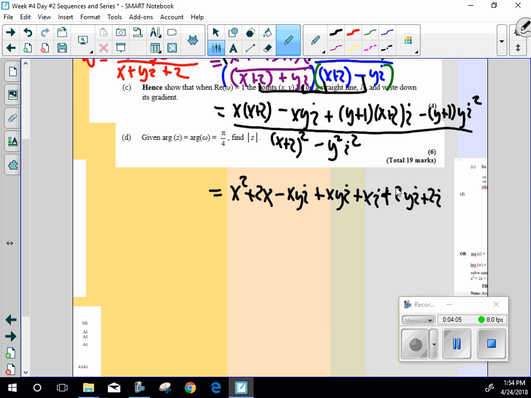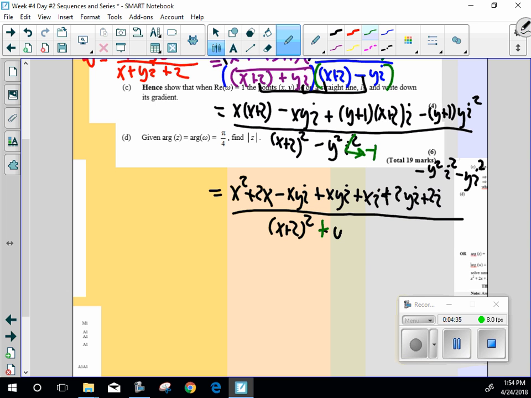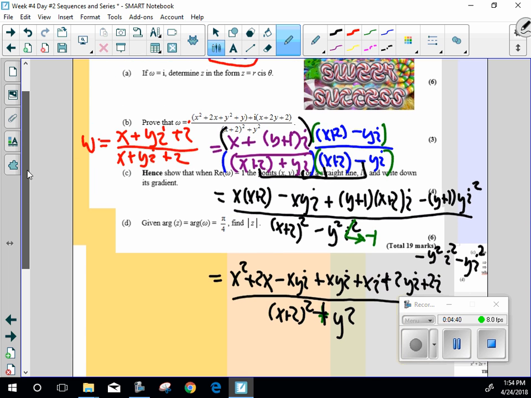And then you've got this at the end here, which is minus y squared i squared minus y i squared. All over (x plus 2) squared minus, what's i squared the same as? Negative 1. So this is going to turn into plus y squared. Is that good? That's good.